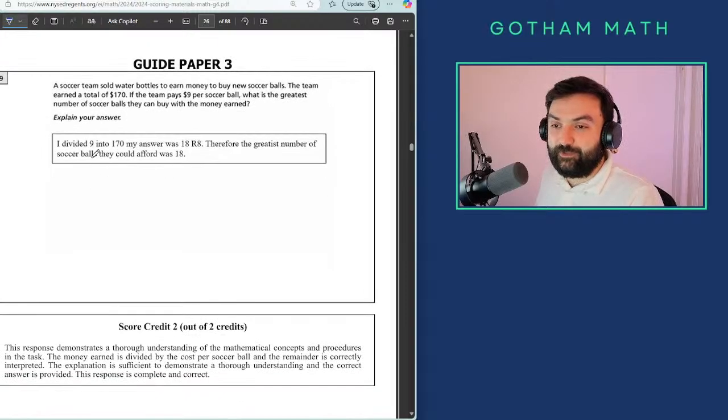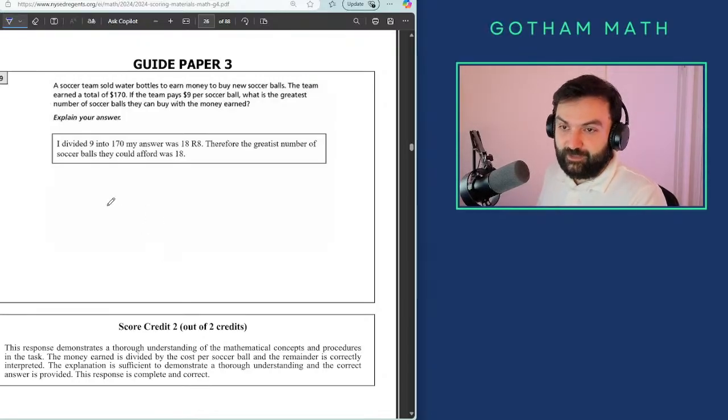Another computer-based answer. I divided 9 into 170. My answer was 18, remainder 8. Therefore, the greatest number. This is the perfect path. This is how I would answer that if I would really try hard. I wouldn't even say I divided 9 into 170. I would just say I divided 170 by 9. My answer was 18, remainder 8.